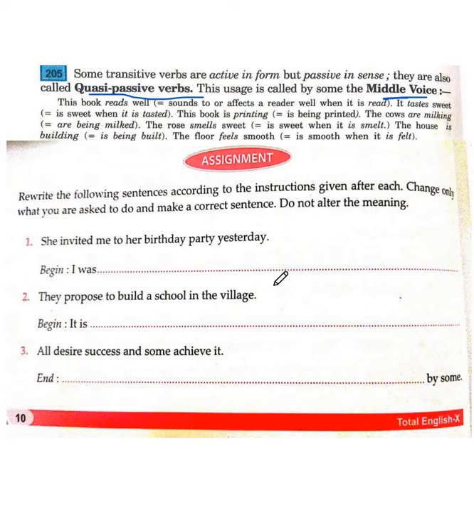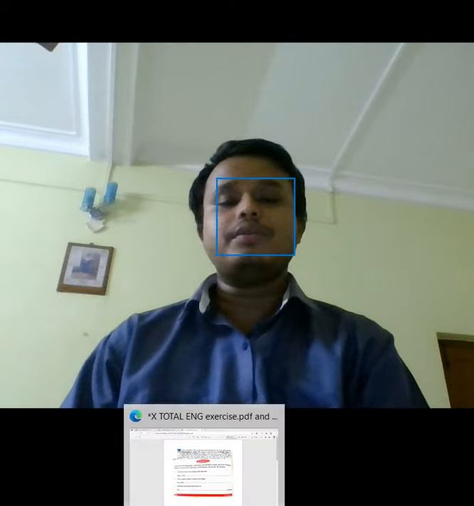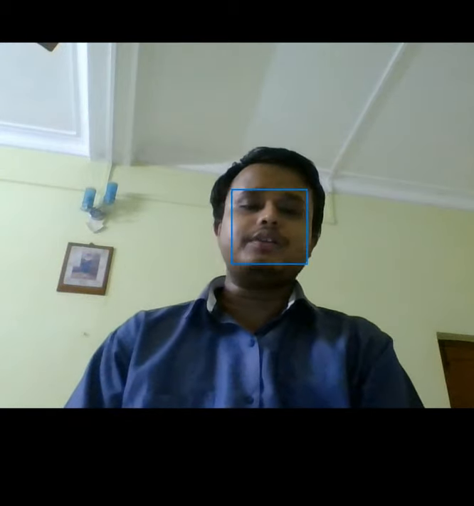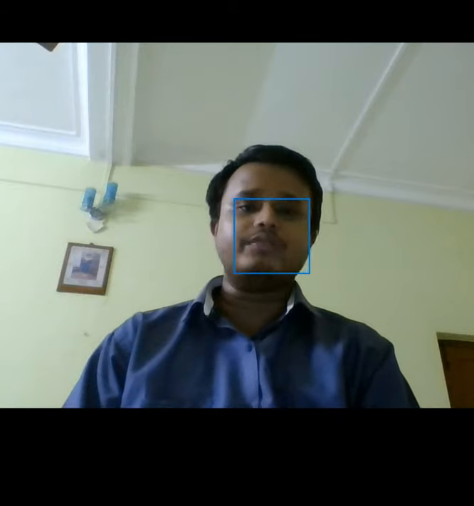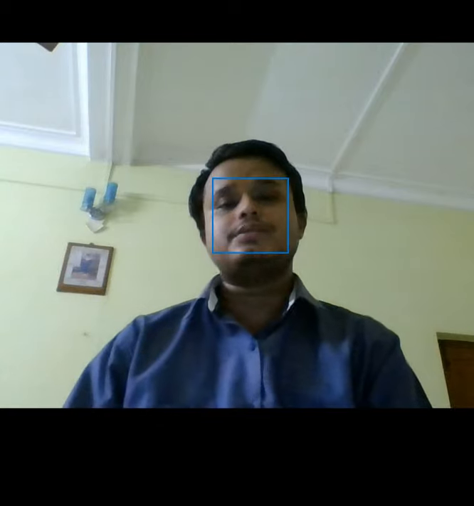Next: All desire success and some achieve it. We can also change the second part, if you want. Here you can see the instruction. This is very interesting when you are doing your ICSE grammar, because you always need the total knowledge you have accumulated so far; learning only from these few chapters will not help you.